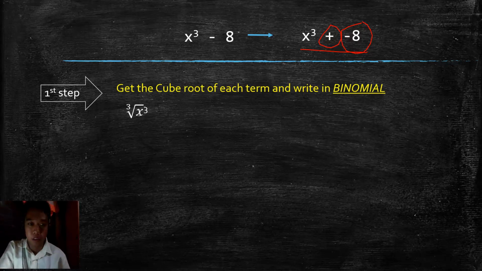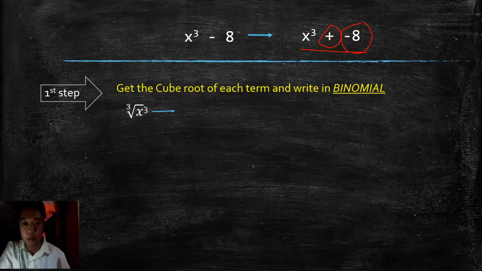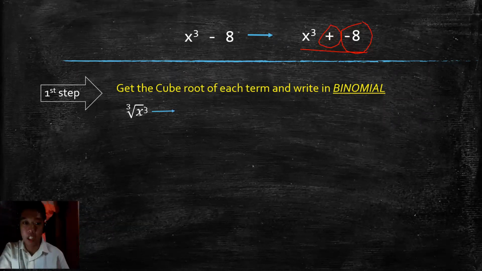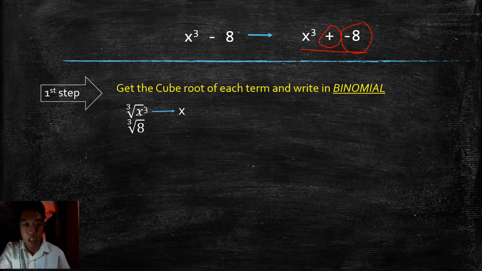So x cubed, ang cube root niya, kapag variable ang pinag-uusapan, napakadali lang naman ang pagkuha ng cube root. I-divide mo lang yung exponent ng variable sa 3. Okay, so 3 divided by 3, we get 1. So that's why the cube root is x. Invisible 1 yung exponent.